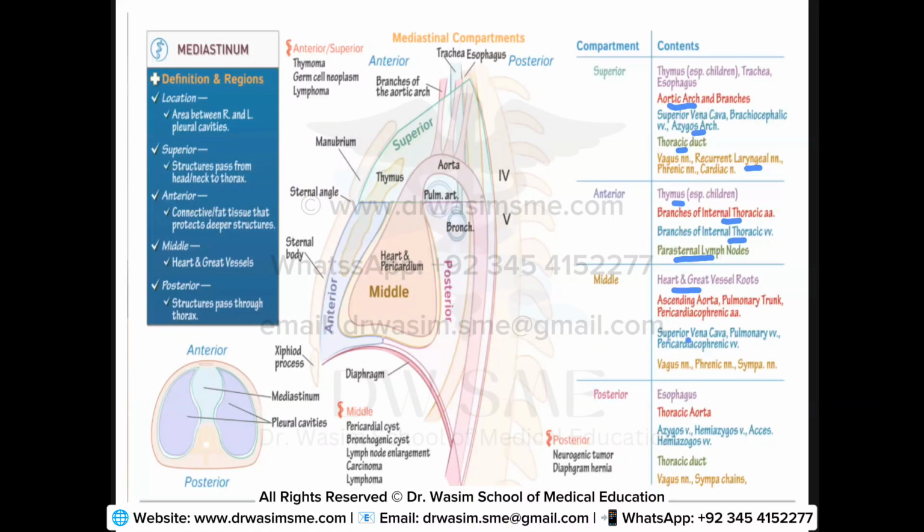The veins include the superior vena cava, the pulmonary vein, and the pericardiophrenic veins. For nerves, we have the vagus, phrenic, and the sympathetic trunk. In the posterior, we have the esophagus, thoracic aorta, azygous, hemiazygous, and accessory hemiazygous veins, thoracic duct, vagus nerve, and sympathetic chain. You need to know all these structures, and they are very frequently tested in MCQs as well.